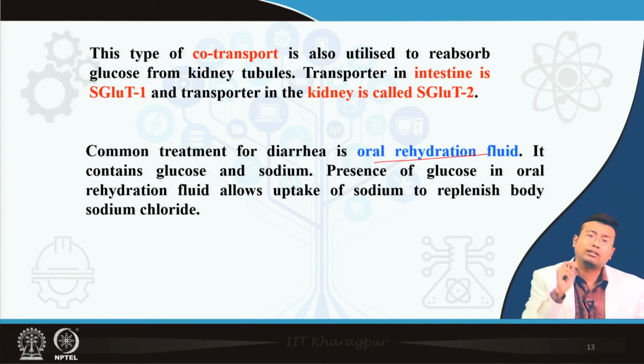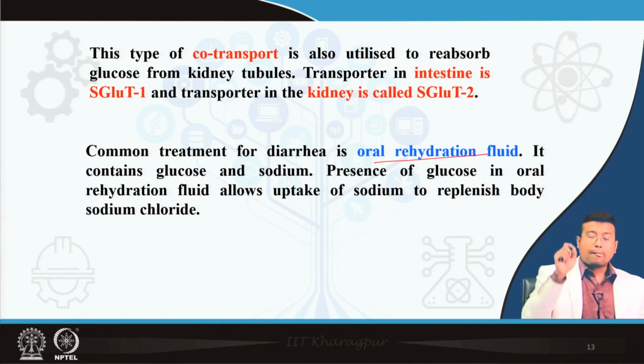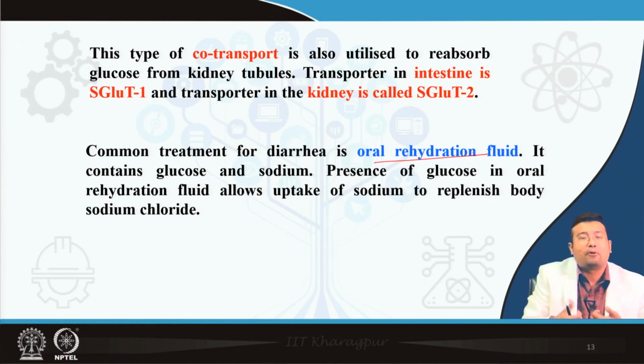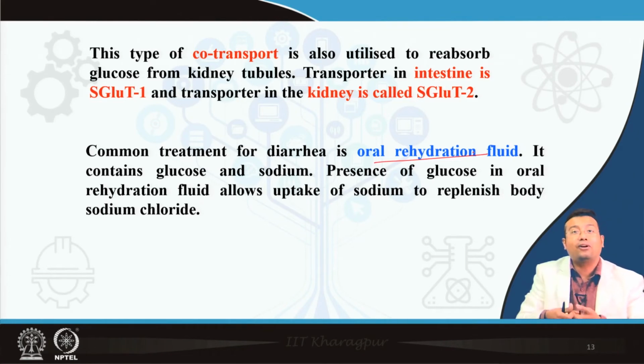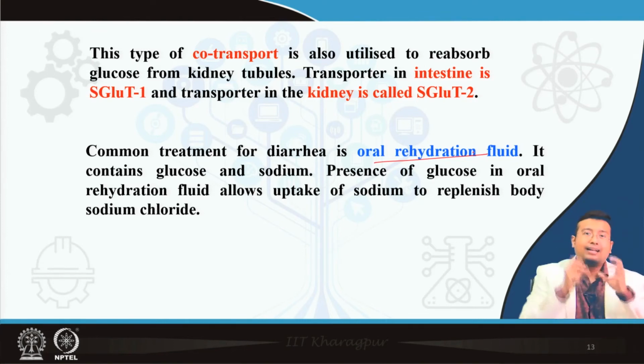In diarrhea, for example in cholera, there is loss of electrolytes, and ultimately dyselectrolytemia leads to death. Since we are talking about glucose transporters, this is the applied importance, where glucose is actually used for sodium transport. If we only drink sodium chloride, it will not be absorbed.